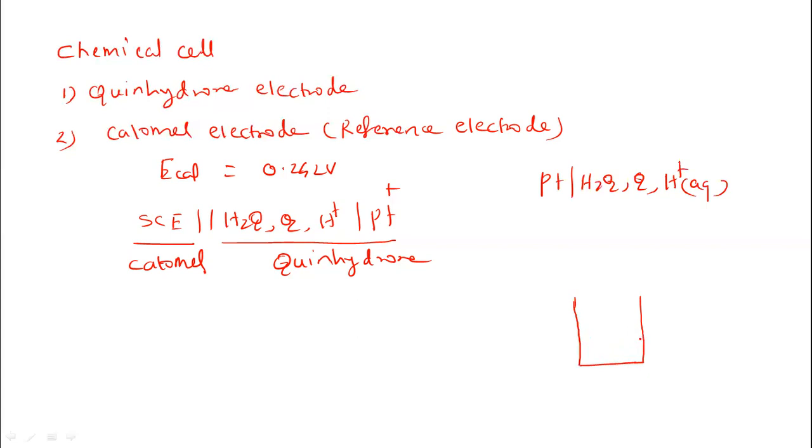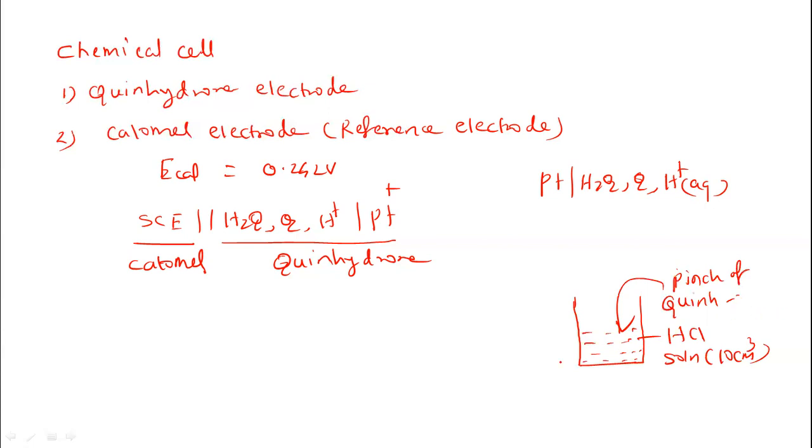Suppose that we have taken 10 ml of the diluted acid solution. In this solution, we have to add a pinch of quinhydrone powder.